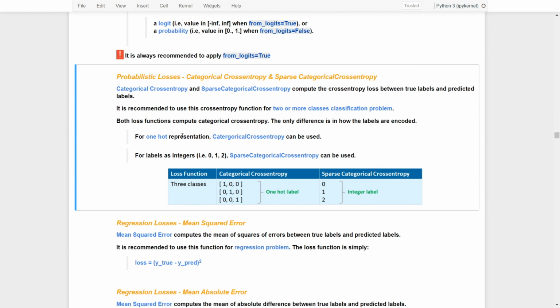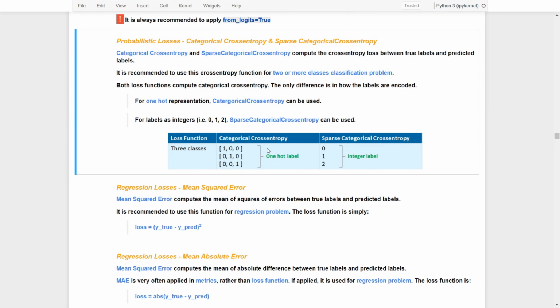For one-hot representations, categorical cross entropy can be used. And for labels as integers, that is just like 0, 1, 2, sparse categorical cross entropy can be used. And these are examples of the one-hot label, and these are examples of the integer label. Say, for example, if we assume there are 3 classes, then we have 3-element lists for the one-hot label, and 100 means that we have the first class, and then 010 means we have the second class, and then 001 represents the last class.